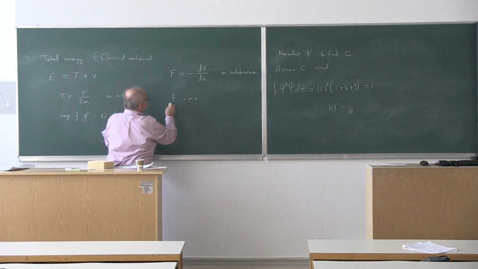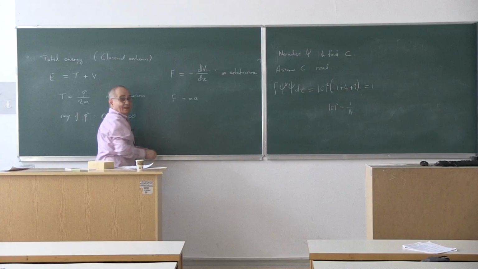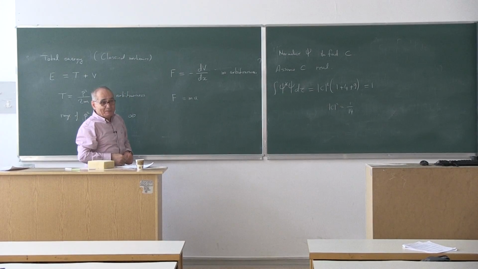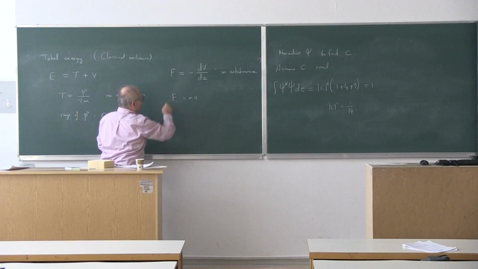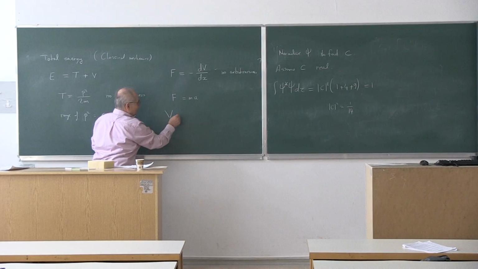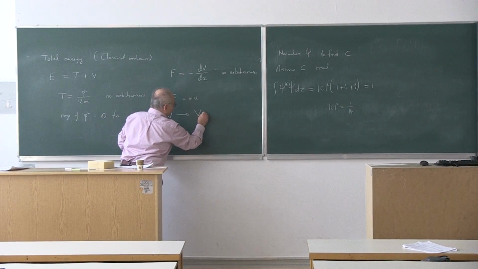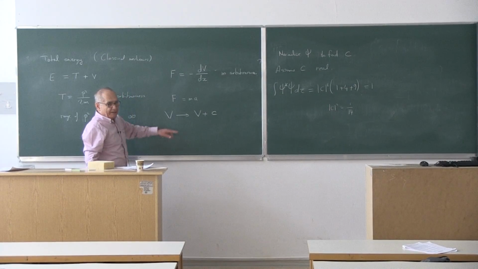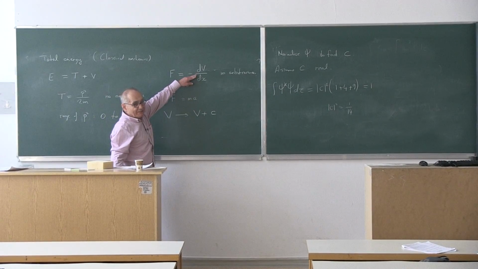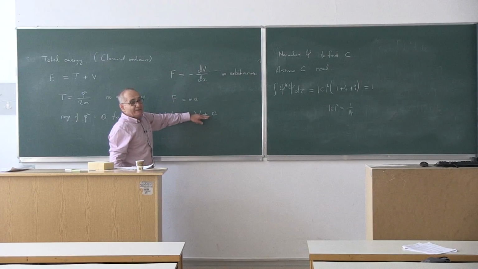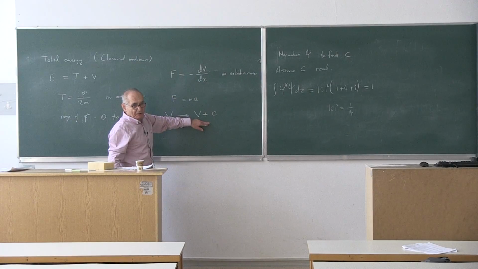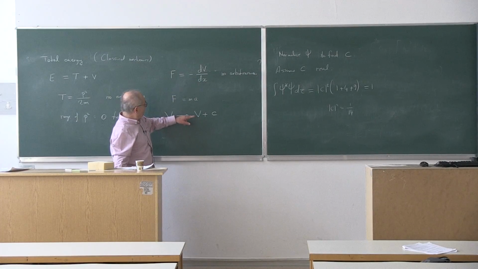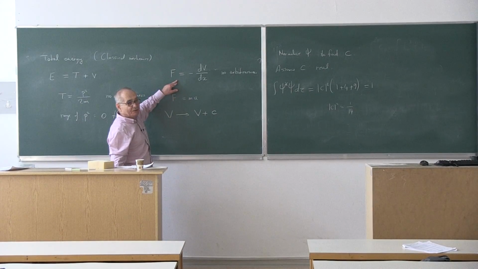However, it is not true for potential energy, because if you replace V with V plus a constant, all right? Because this is a derivative, and the derivative of a constant is 0, all of these choices for potential energy will produce the same force.